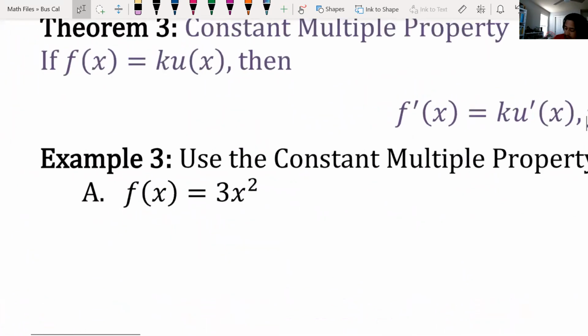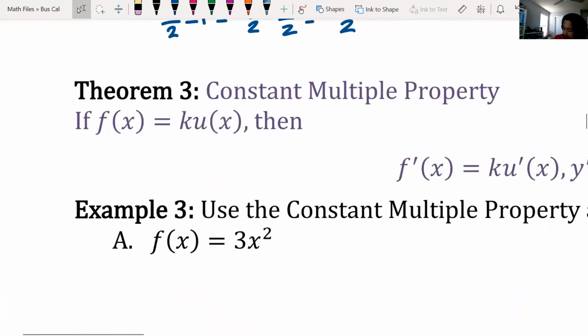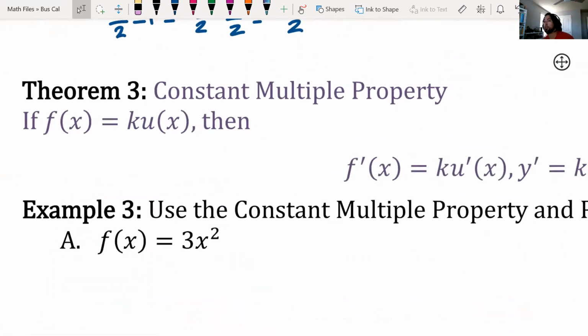All right. So next property is the constant multiple property. This says if you have some constant times a function, k times u of x, then when you take the derivative, all it says is take the derivative of the function and leave the constant alone.